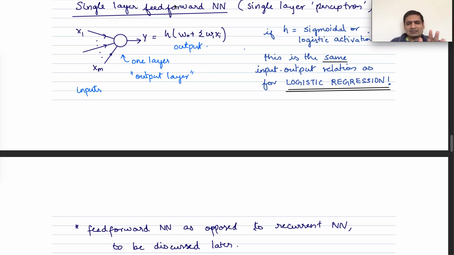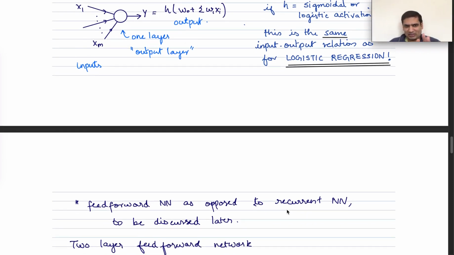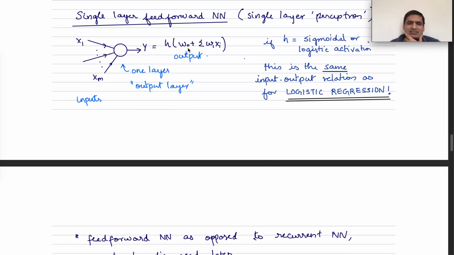There's a class of neural network called recurrent neural networks where the output of, let's say, a bunch of layers of the neural network gets wrapped around and made to be the input of the neural network again. So there are feedback connections. Those are called recurrent neural networks, which we will discuss later on in the course. But this thing where things just move forward is called the feed-forward neural network. And really, it's just a function.